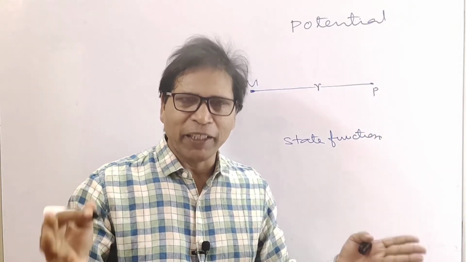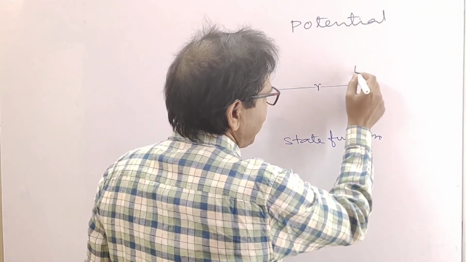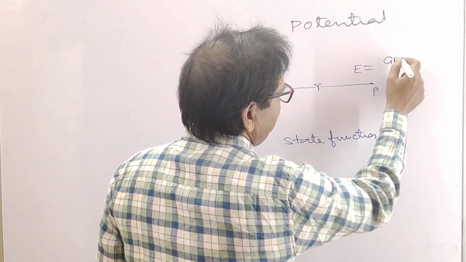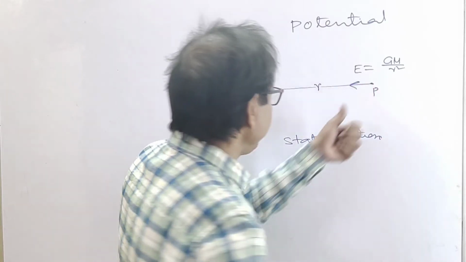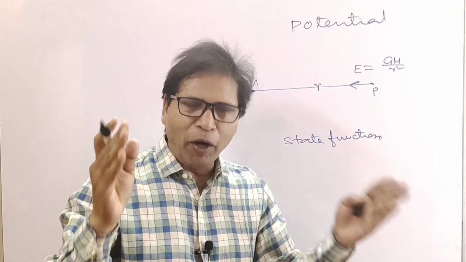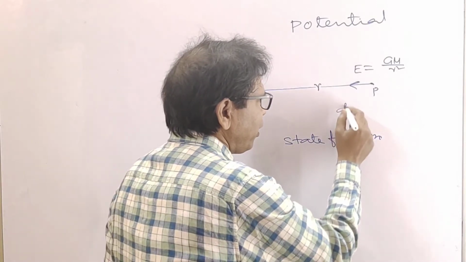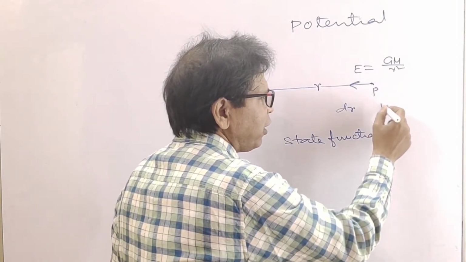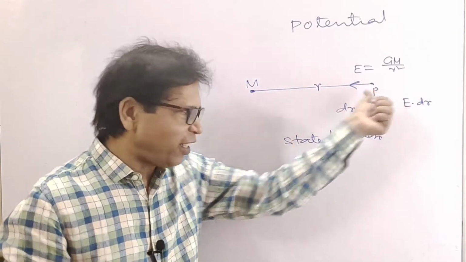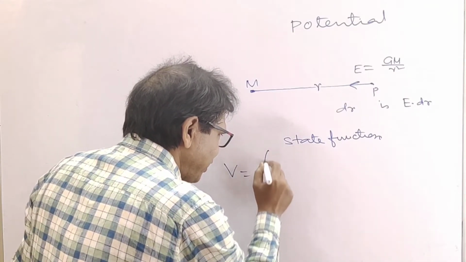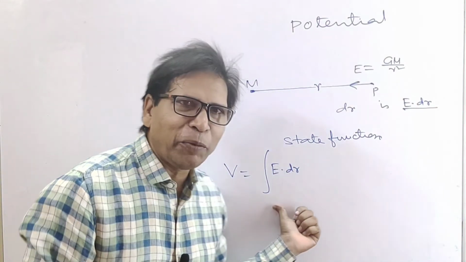Now derivation. Intensity at the point P due to mass capital M is E equals G capital M by R square, and it is directed towards the mass capital M. Now the amount of work done to displace a unit mass through the distance dr towards capital M is E into dr. So gravitational potential at the point P is V equals the integration of this work done, E into dr. What is the limit of integration?